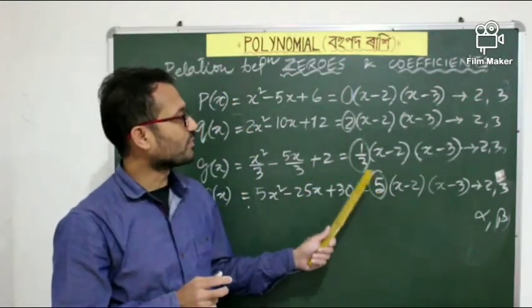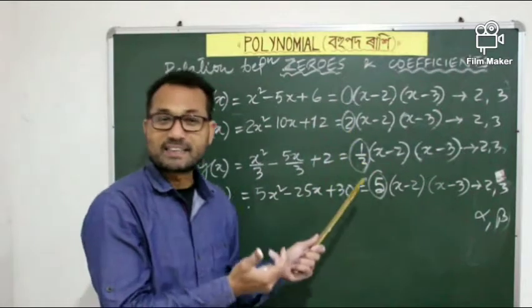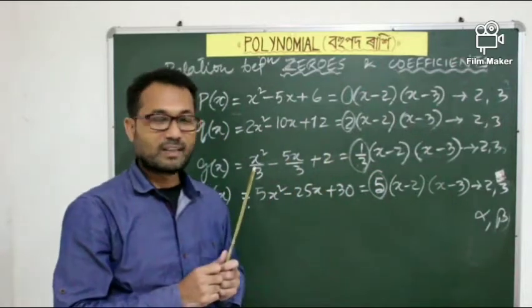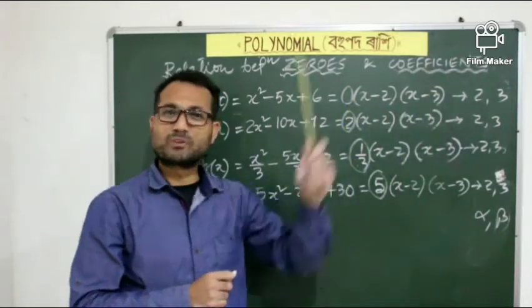You can see 5, 1/3, 2, it could also have been a negative number, but it cannot be equal to 0. If it is equal to 0, the whole will be equal to 0.